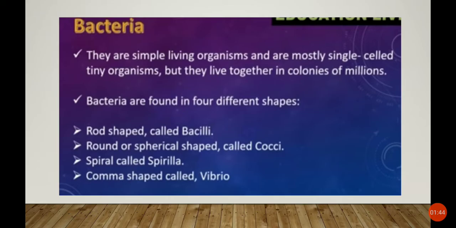Rod shaped bacteria are called bacilli, and round or spherical shaped bacteria are called cocci. Spiral shaped bacteria are called spirilla, and comma shaped bacteria are called vibrio.